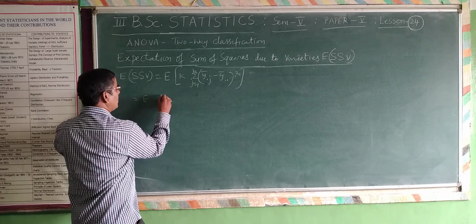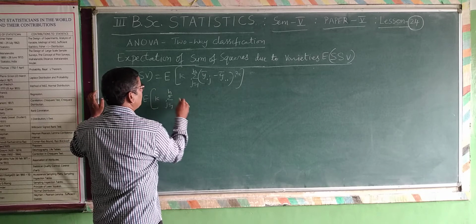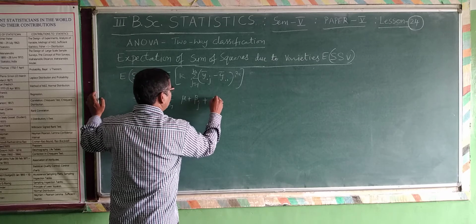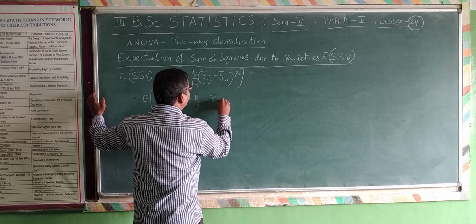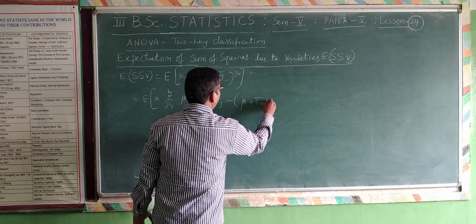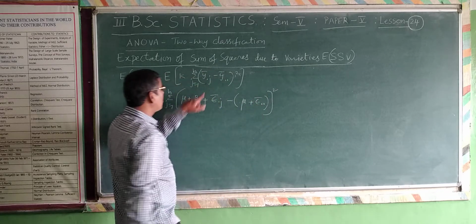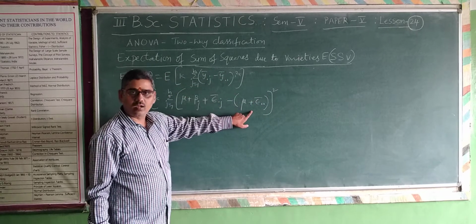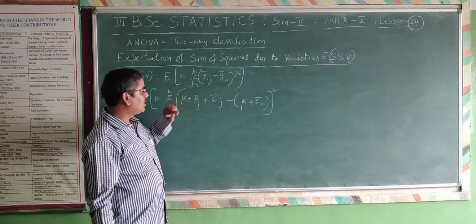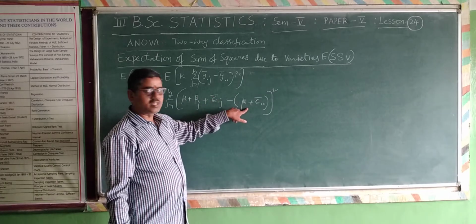It is the expectation of K multiplied by summation j is equal to 1 to H, of mu plus beta j plus epsilon bar dot j, minus mu plus epsilon bar dot dot. This is the formula for y bar dot j, and this is y bar dot dot. y bar dot j is mu plus beta j plus epsilon bar dot j, y bar i dot is mu plus alpha i plus epsilon bar i dot, and y bar dot dot is mu plus epsilon bar dot dot.